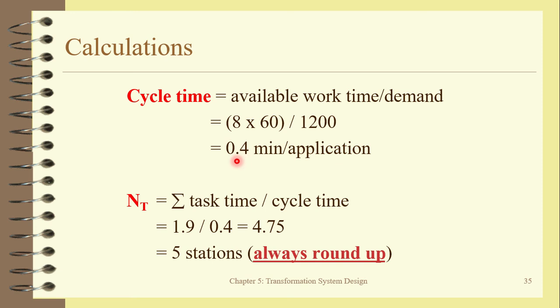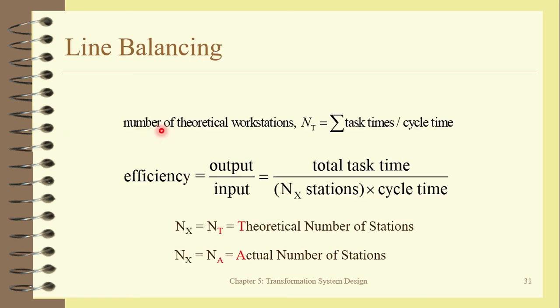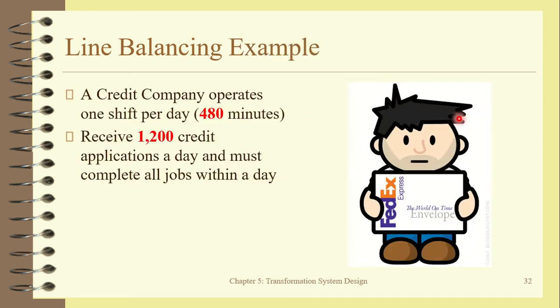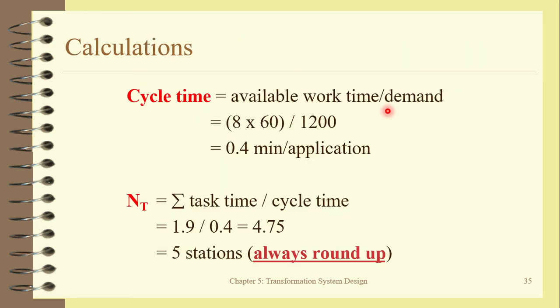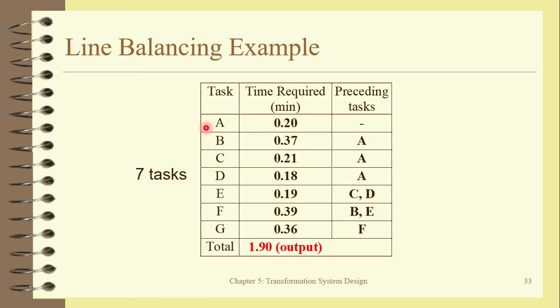And if you can calculate the cycle time, then the number of workstations is the total task time divided by cycle time. You get the cycle time here. Suppose that in order to process the application, we have 7 tasks to do, right?